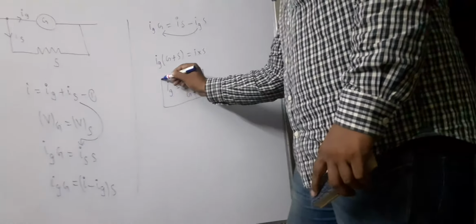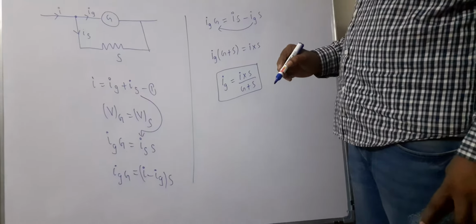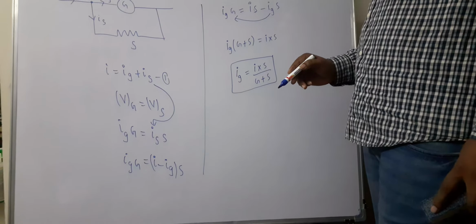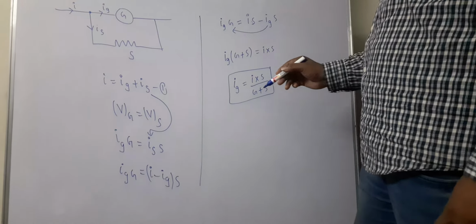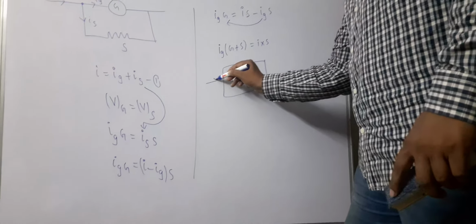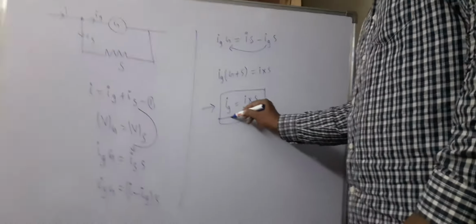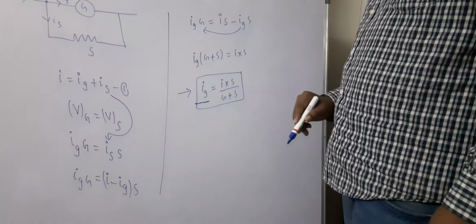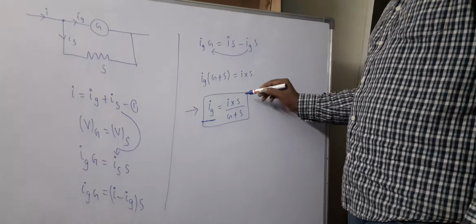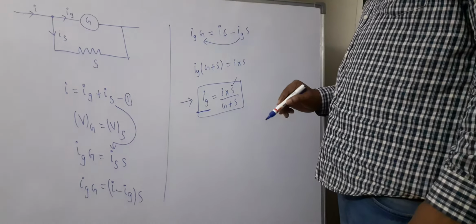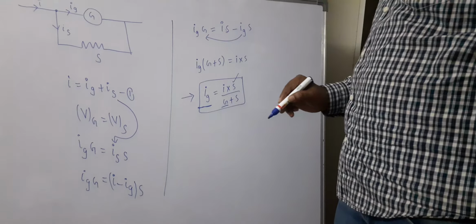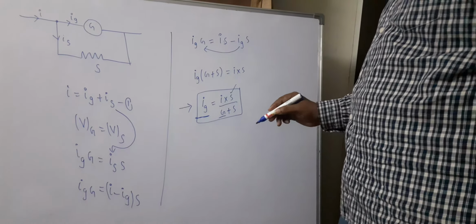According to this formula, Iz is the current passing through the galvanometer. Once again I repeat, in the Iz formula, Iz means current passing through the galvanometer, I is total current in the ammeter, S is called shunt resistance, and G is called galvanometer resistance.